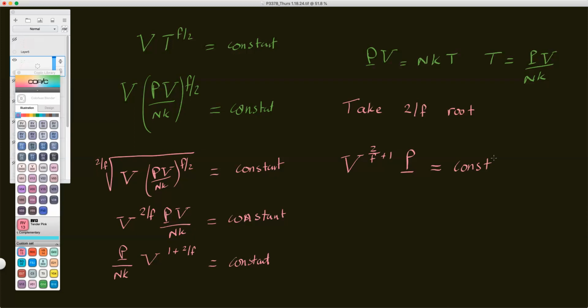Now, I can rewrite this as V to the 2 plus F over F times P equal a constant. And I can rewrite one more time, V to the gamma P equal a constant, where gamma is called the adiabatic index.